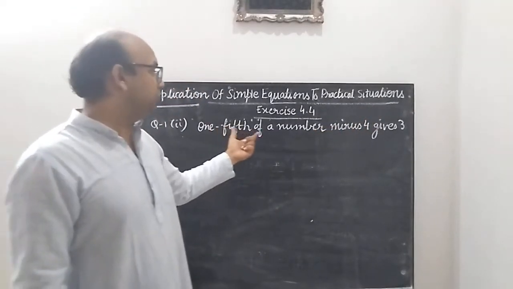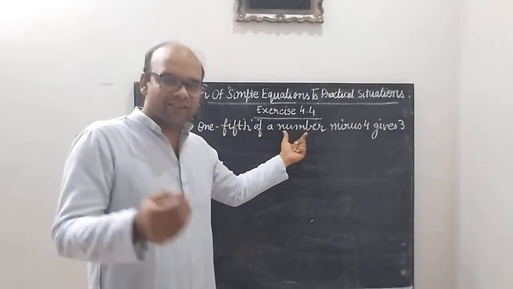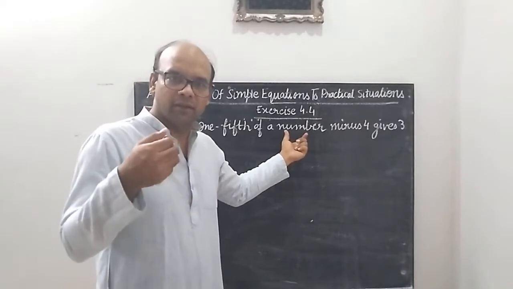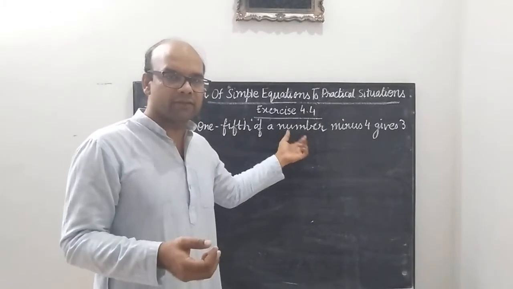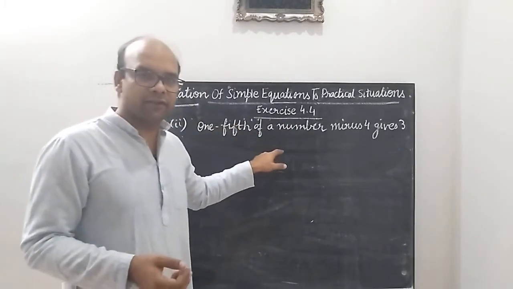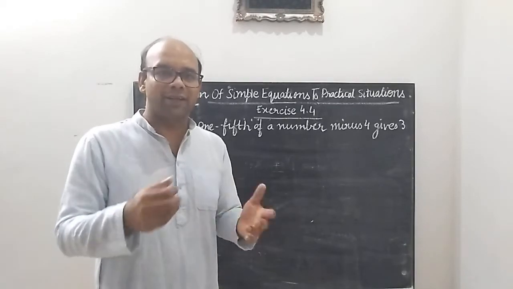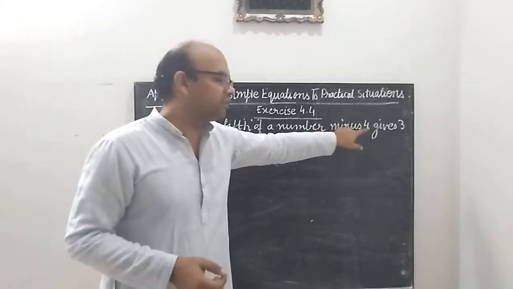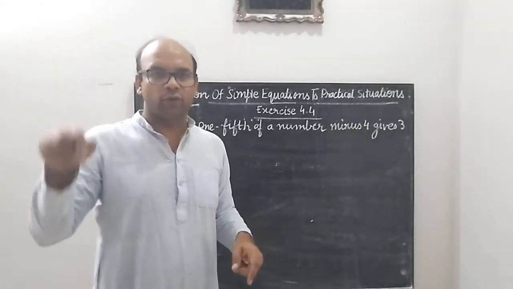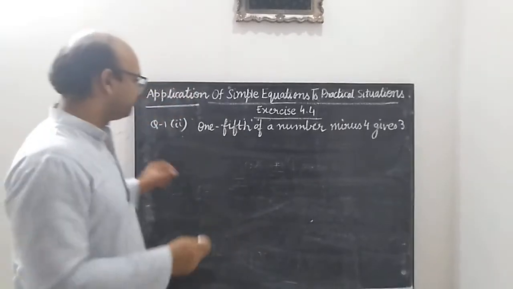Now 1/5 of a number, if you take the number to be x, that is the way you have to think when you start reading the question. You take the number to be x. What is 1/5 of x? Whenever you say of, it means we are multiplying. So 1 by 5 into x minus 4 gives 3. That is equal to 3.